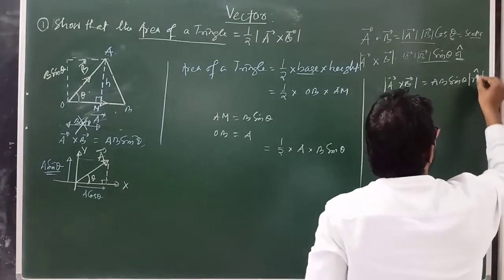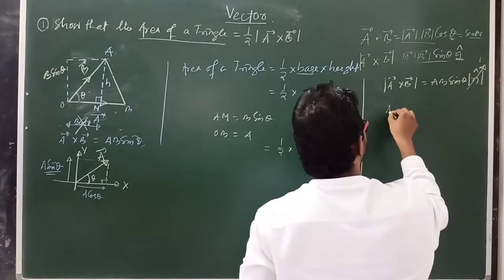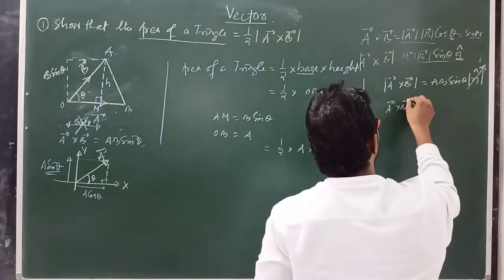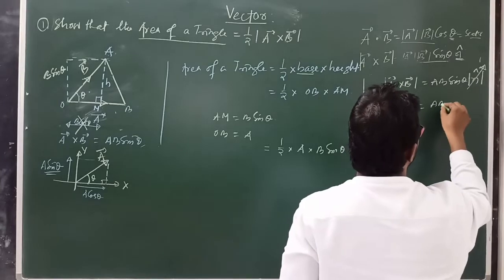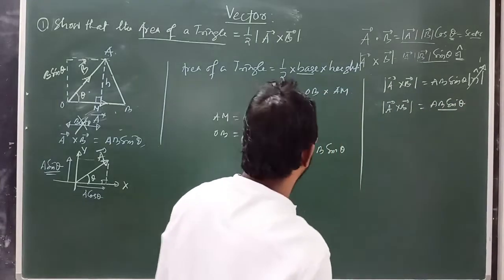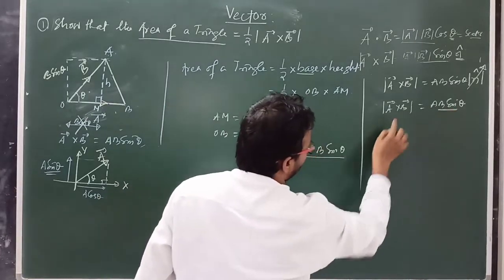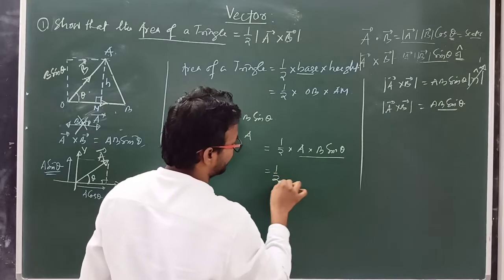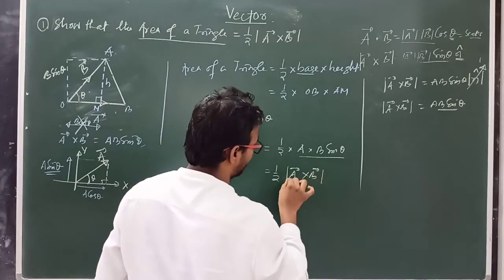So we already know the magnitude of a unit vector is always 1. So magnitude of A cross B equals AB sin theta. So you can write here, AB sin theta equals magnitude of A cross B, so the area is half the magnitude of A cross B. Clear?